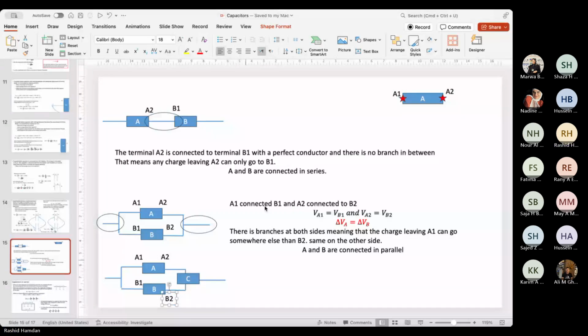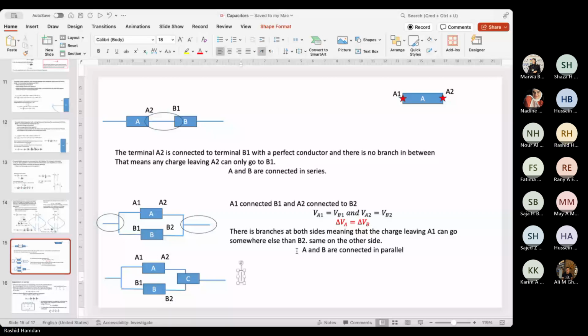So this A1 is connected to B1, but there is a branch, and A2 is not directly connected.